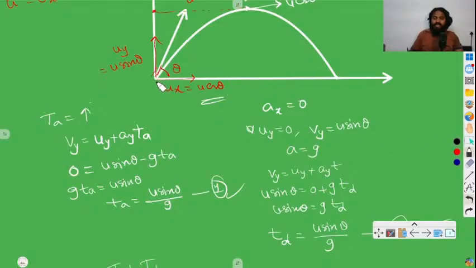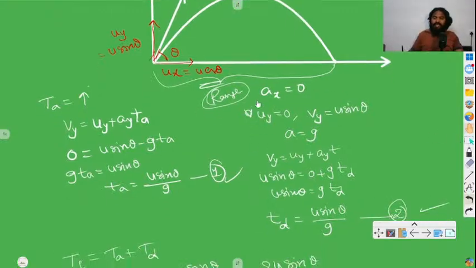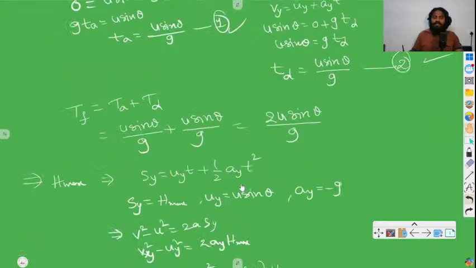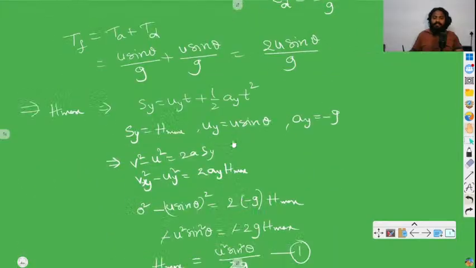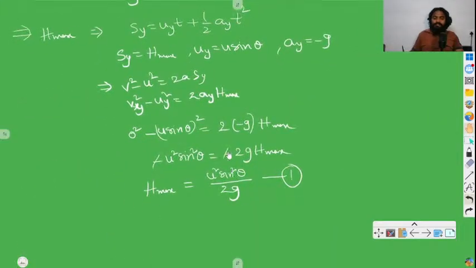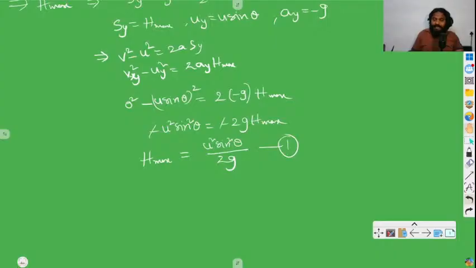During the entire journey, the horizontal distance reached by the projectile is called the range. It is very important. Many questions will come on this. Now let's calculate the range.